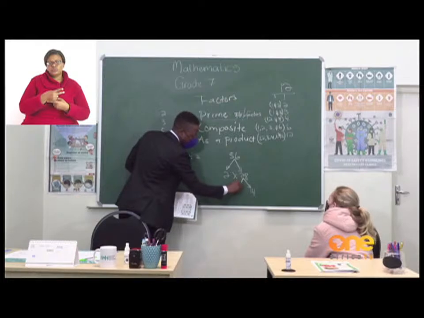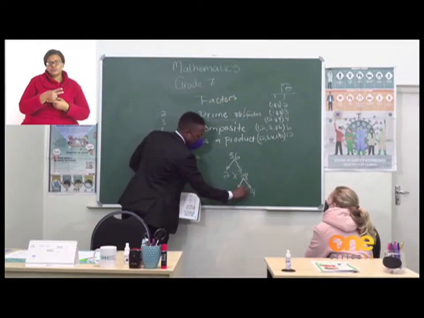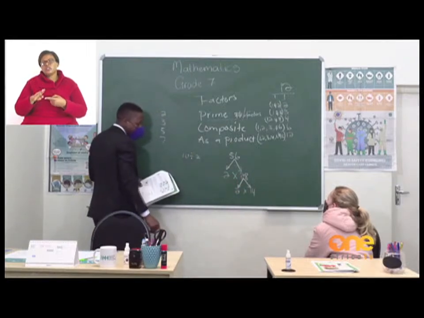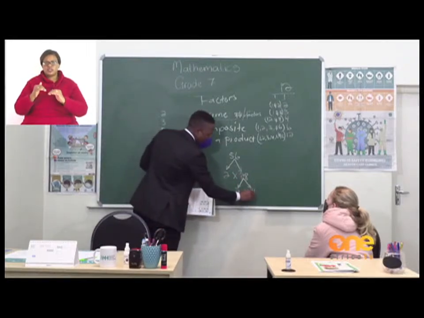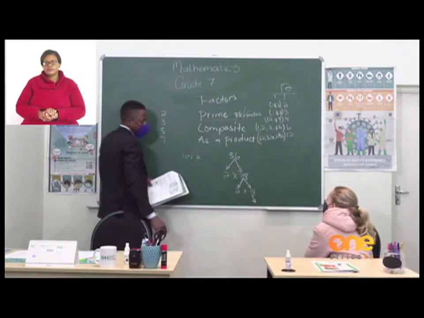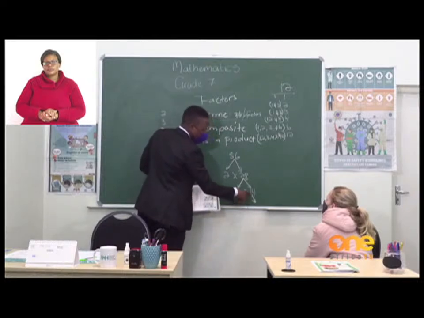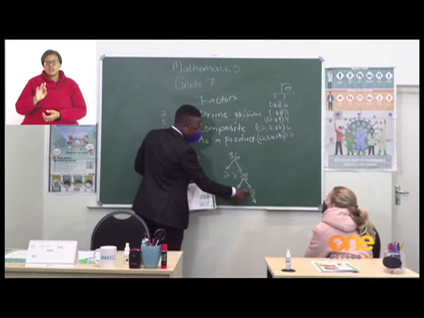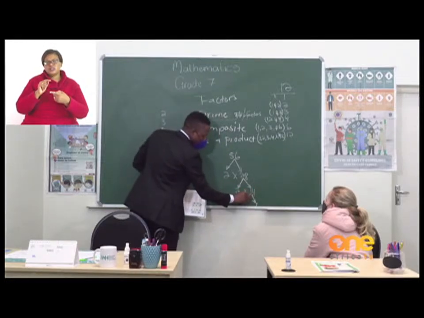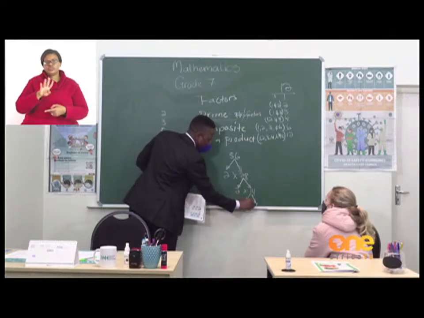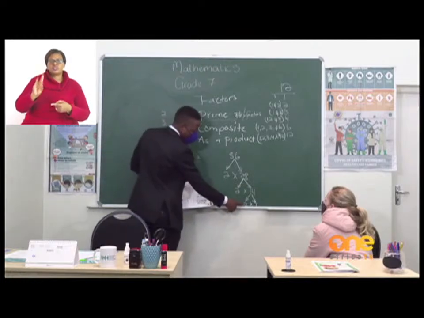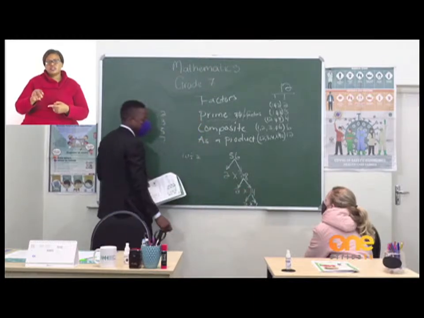Remember, we halved, so we have to multiply. 2 times 14 gives me 28. You still have to continue, halving again. If I halve 14, I will have 7. But what number can I multiply with 7 to get 14? That number will be 2. 2 times 7 gives me 14.